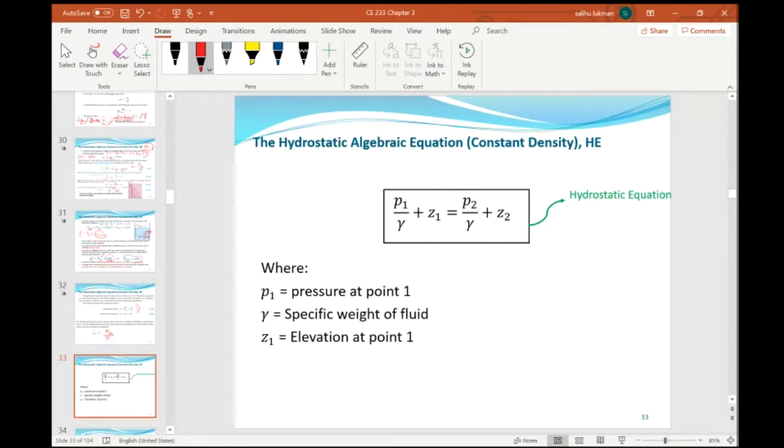So we derived that, in the hydrostatic equation, the piezometric head is the same for all points. So P1 over gamma plus Z1 is equal to P2 over gamma plus Z2. This is the hydrostatic equation, and this is the same at all points.